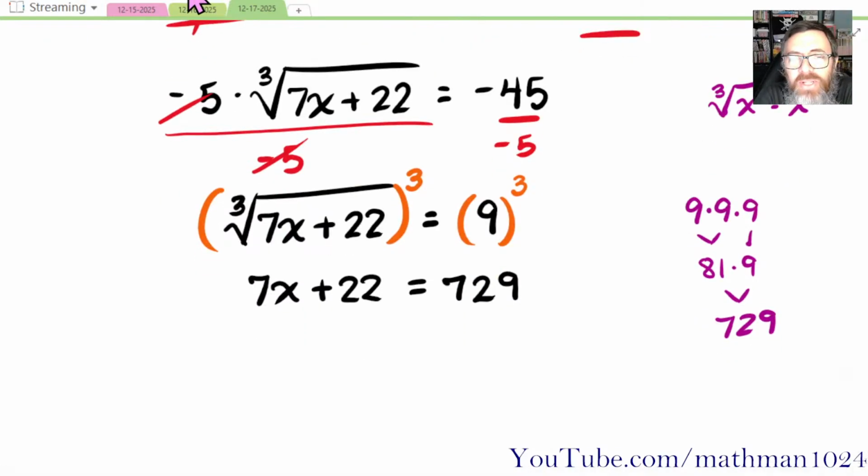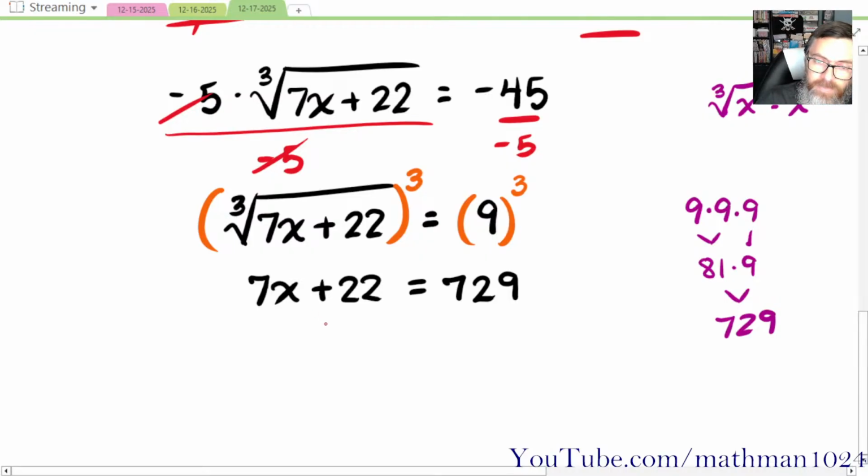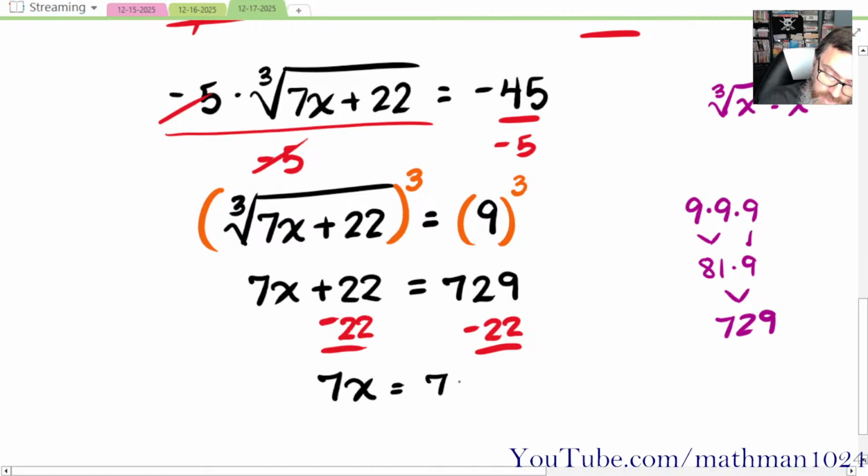And now what you have here is a nice linear equation. So you got rid of the radical, you did the power property, and then what's left is a linear equation. So you solve it using linear methods. Subtract 22 on both sides, and we have 7x is equal to 707.